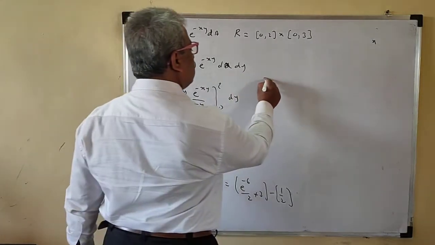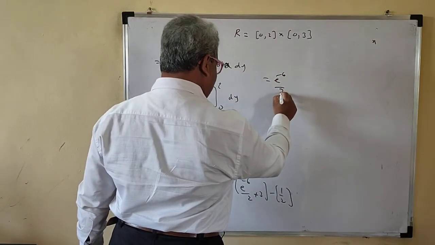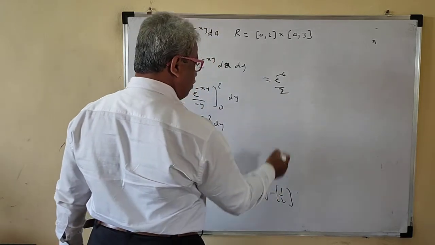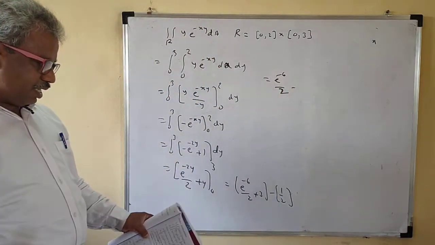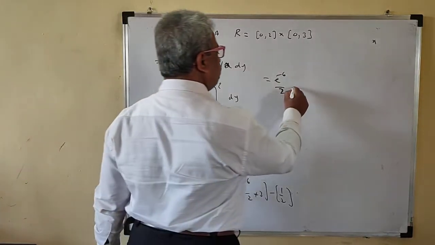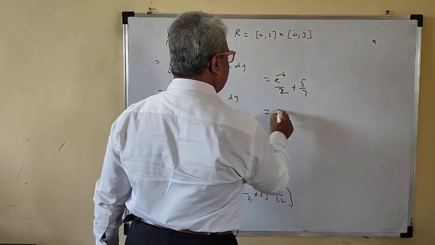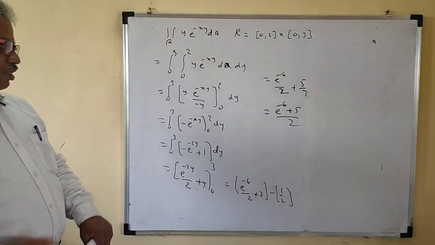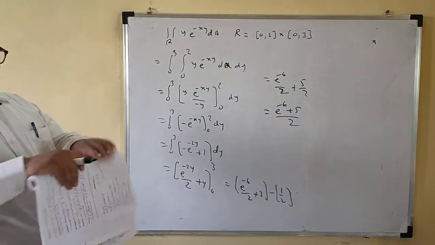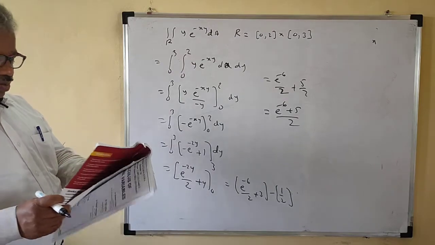So this is e raised to minus 6 upon 2, and this is 2 minus 1 half. So your answer is 5 upon 2, plus e raised to minus 6 upon 2, like this. Okay, easily you can solve this one, but you need practice, then easily you can do this one.